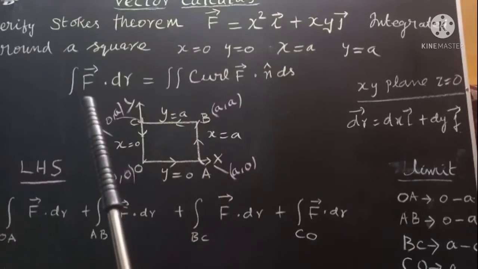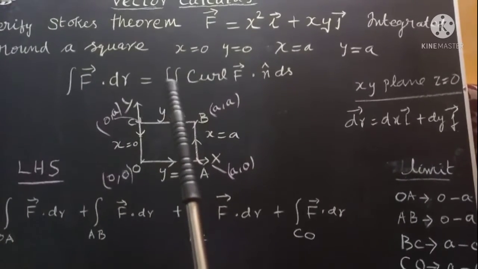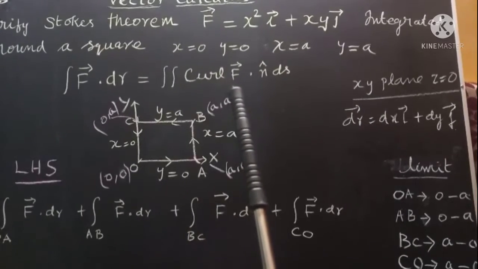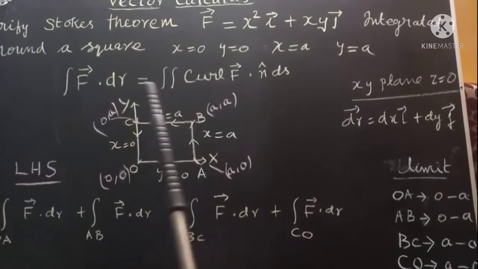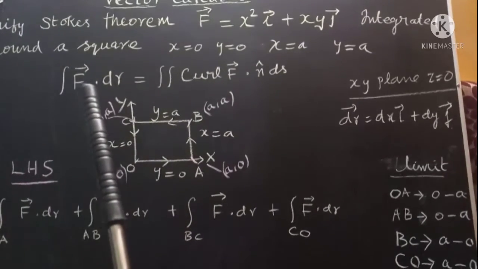Stokes theorem: the integral of f dot dr is equal to the double integral of curl f vector dot n cap ds. Line integral equals surface integral.